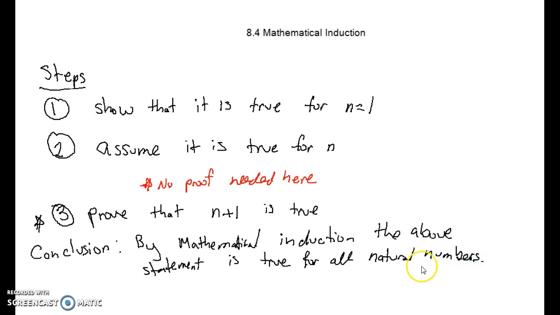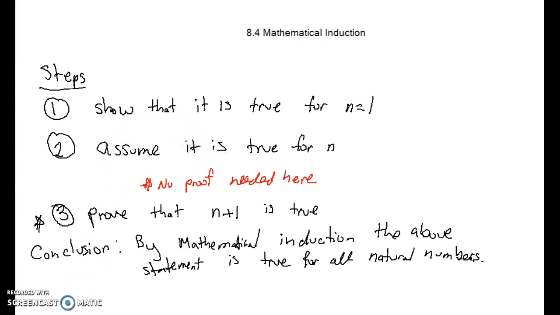So we do want to put our conclusion; it kind of wraps it up. Basically, if we prove that it is true, we get to write this statement. All of our problems are going to be proving that they are true.